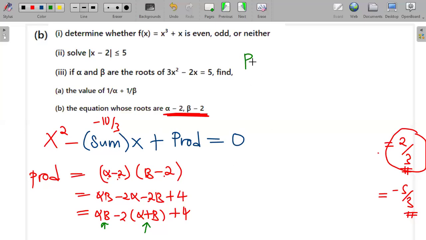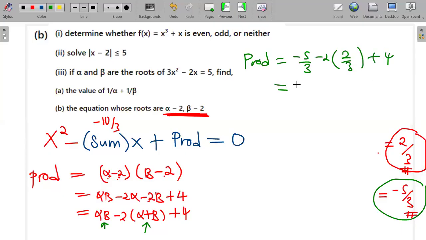So I'll say product is equals to alpha multiplied by beta is minus 5 over 3, minus 2, alpha plus beta is 2 over 3, and then plus 4. So this will just be minus 5 over 3. Then this minus 2 multiplied by 2 gives me minus 4 over 3 plus 4 over 1. So this will just be 3.